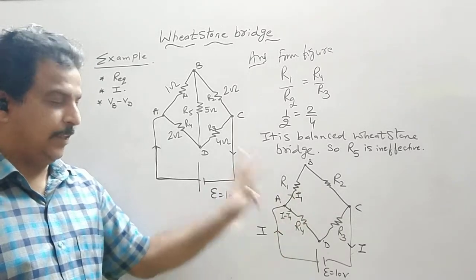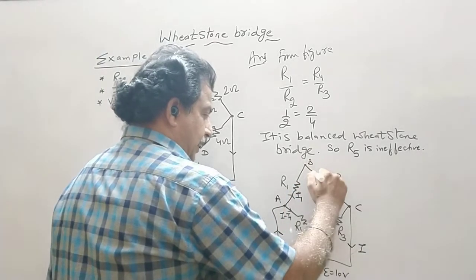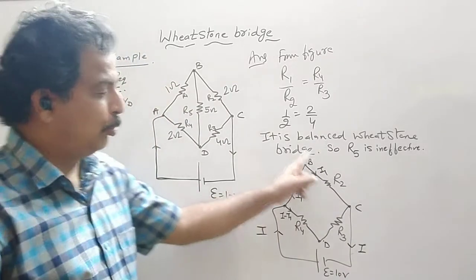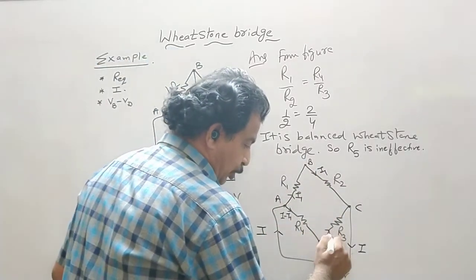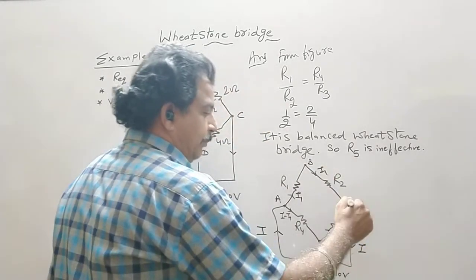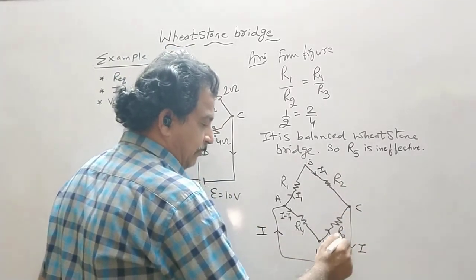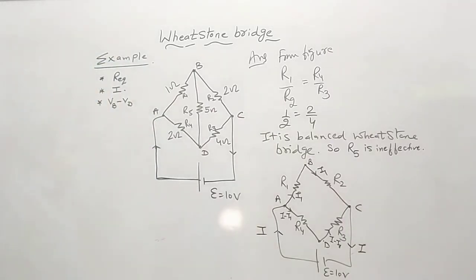This I1 flows through R2 and this I minus I1 flows through R3, and both currents meet at junction C. So I1 plus I minus I1 cancels, we get I. So the current distribution is right.